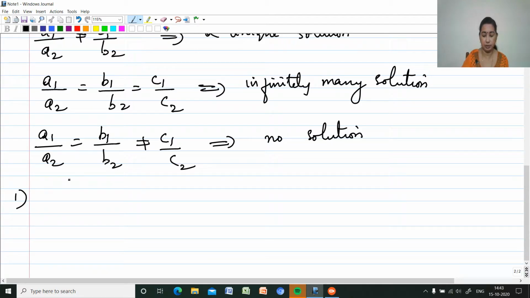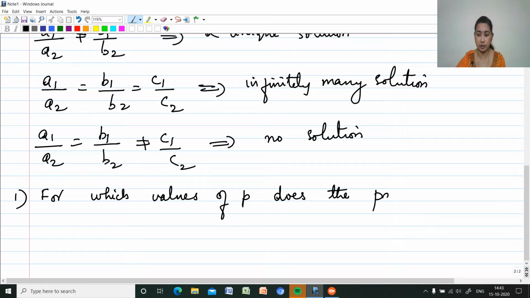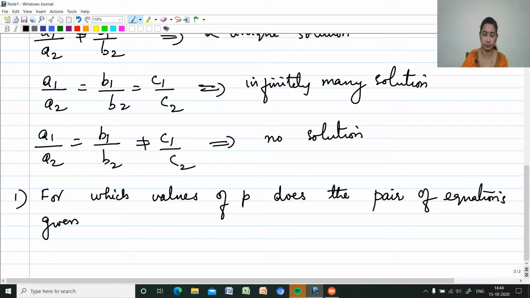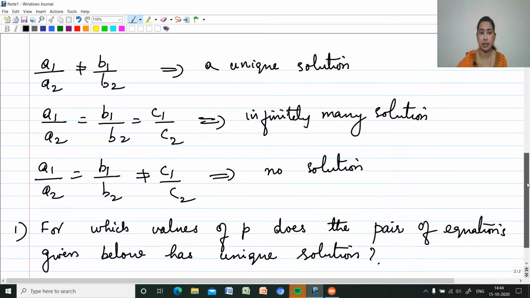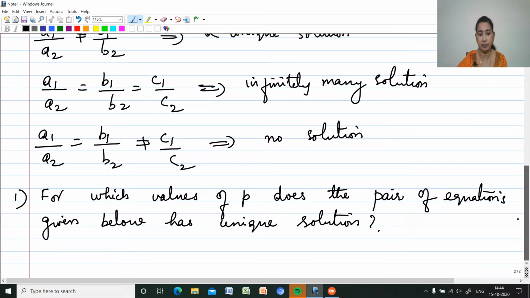First question: for which values of p does the pair of equations given below have a unique solution? We know that a unique solution means a1 by a2 should not be equal to b1 by b2.